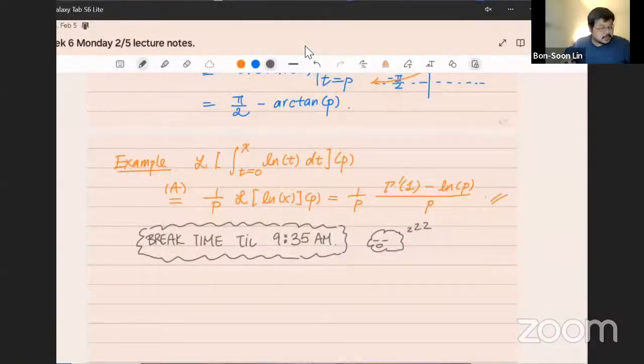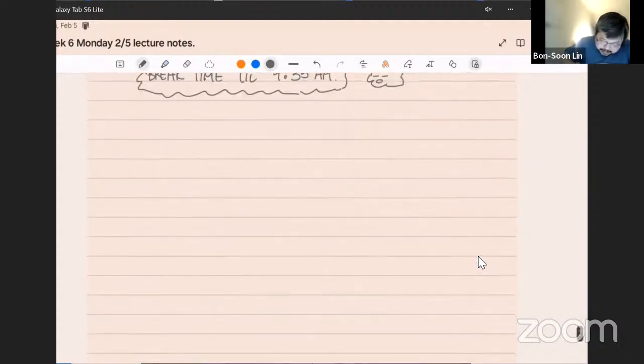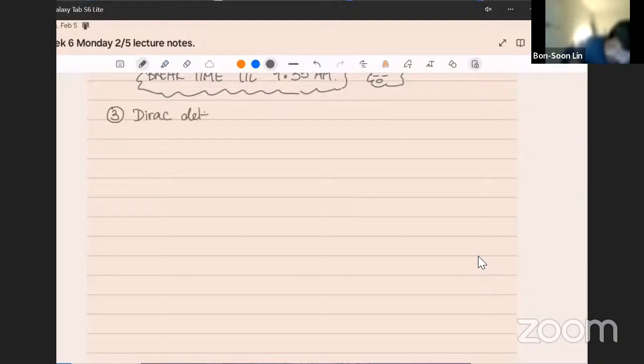So let's continue with what we're about to talk about. First, let's talk about this thing called the Dirac delta function. Now, the word function ought to be in quotes because it's not really a function per se, but something of a generalized function.